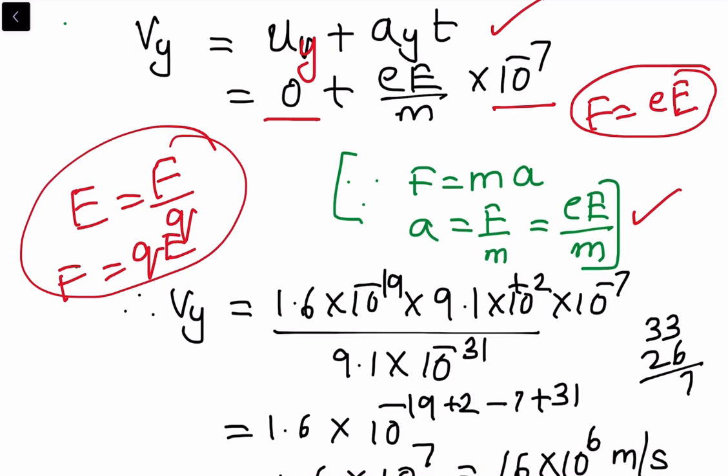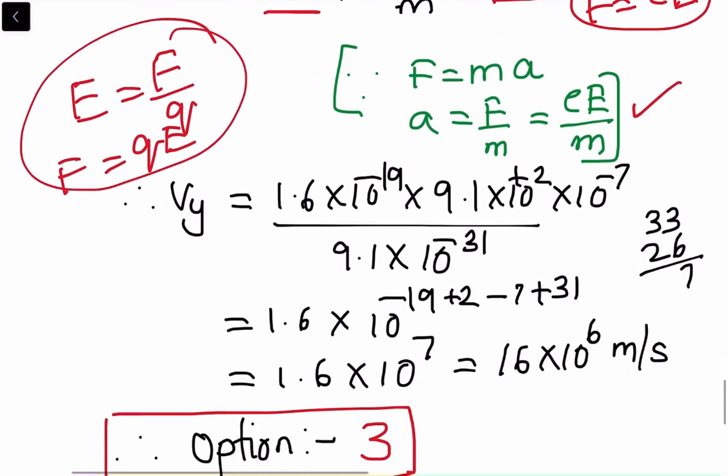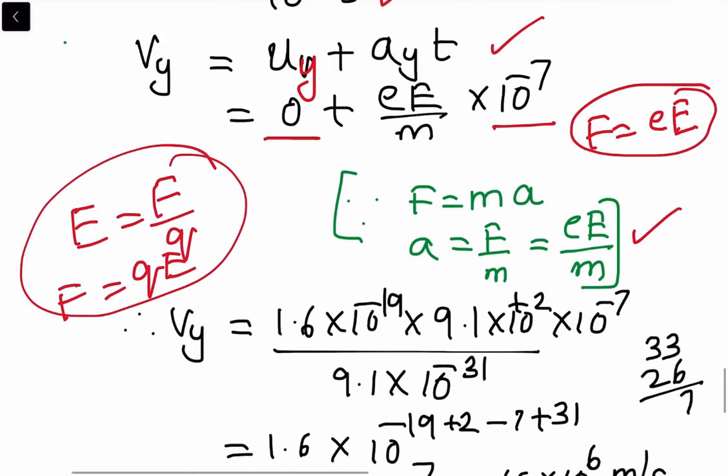Therefore, Vy is equal to, I have already substituted here to save time, the formula we got, that is e by m into t. t means 10 to the power of minus 7. Small e means charge of the electron, which is 1.6 into 10 to the power of minus 19. Capital E, that is the electric field, 9.1 into 10 square.